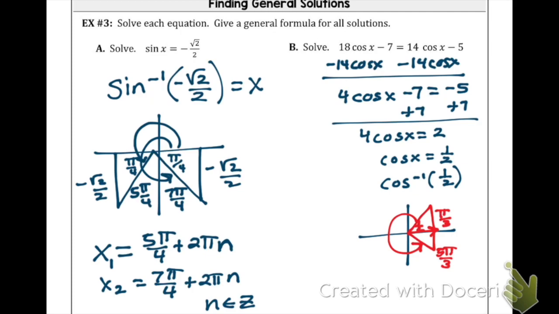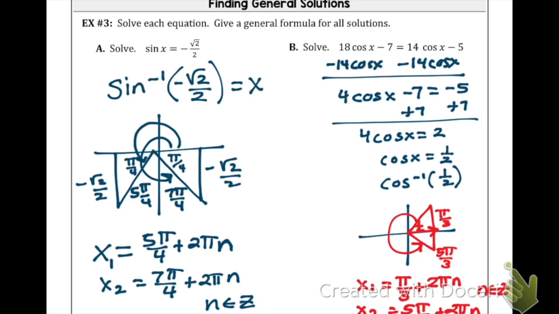We're going to stick with those positive values for the general form. My first set of solutions is pi over 3 plus 2 pi n. My second set of solutions is every rotation that lands at 5 pi over 3, again where n is an element of the integers.